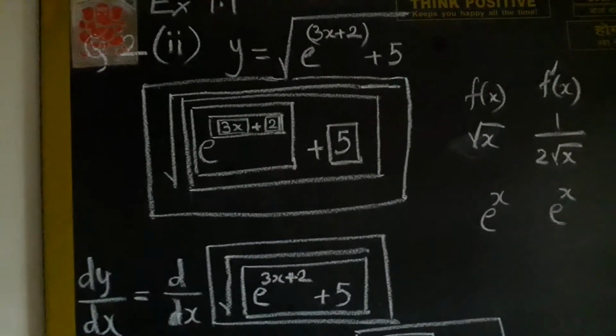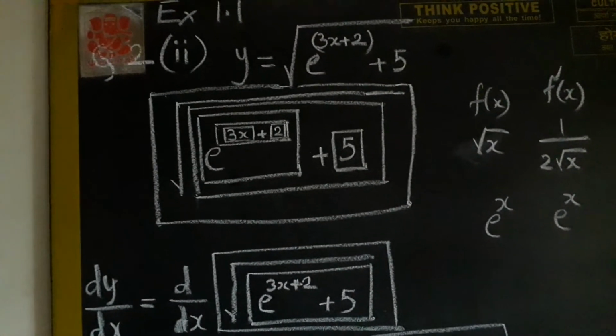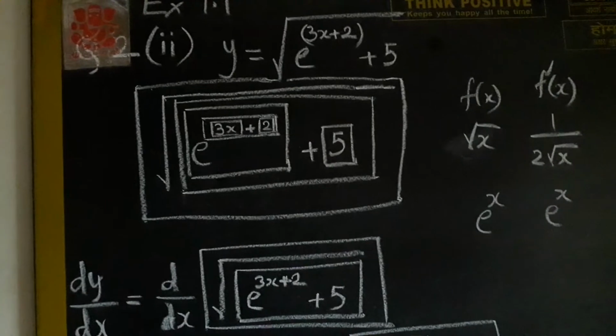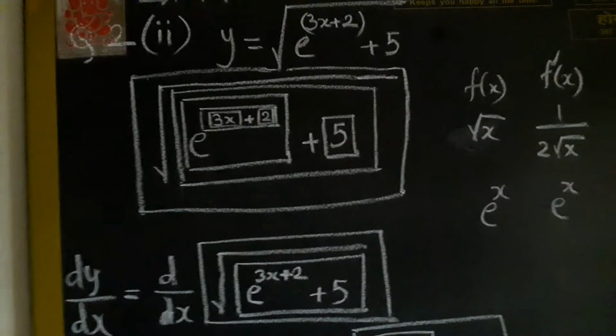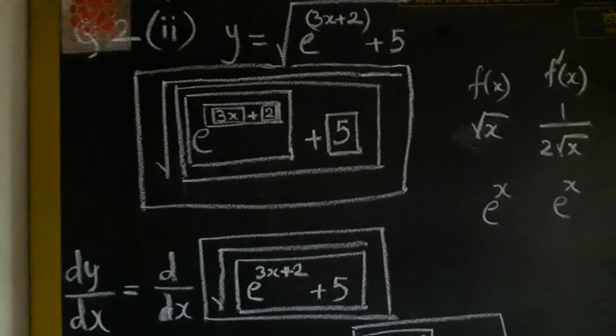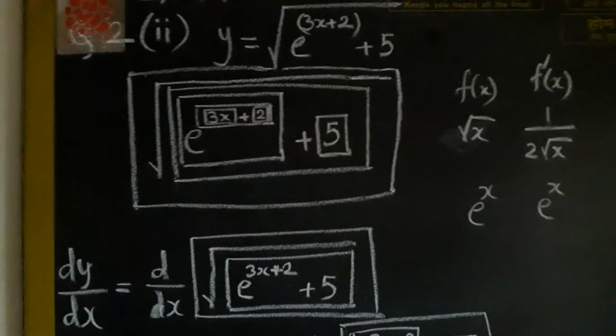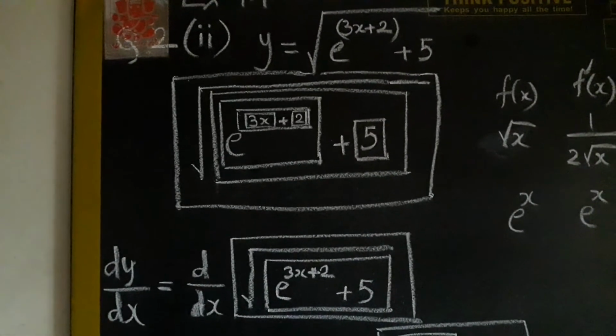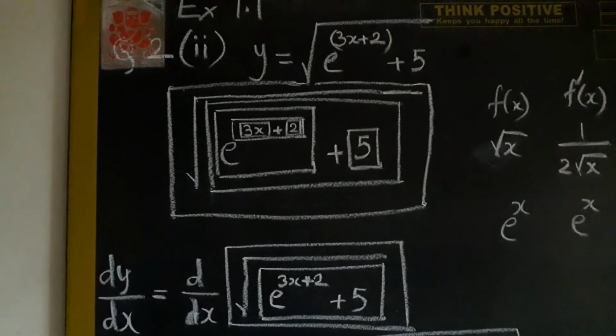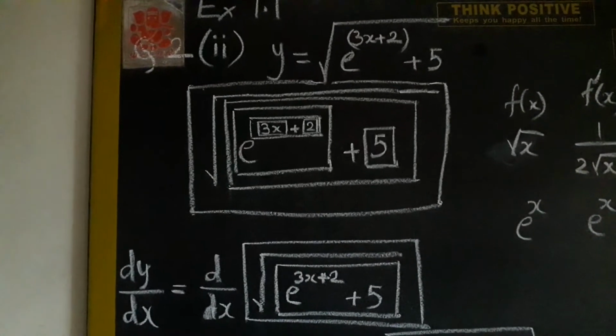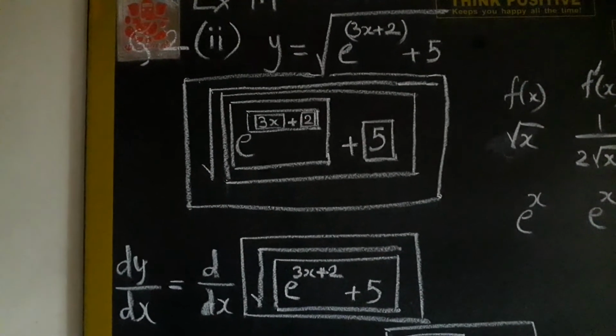The next reading is the square root of e raised to 3x plus 2, plus 5. Here 3x plus 2 is enclosed in one bracket, the whole raised to 3x plus 2, and after that plus 5.